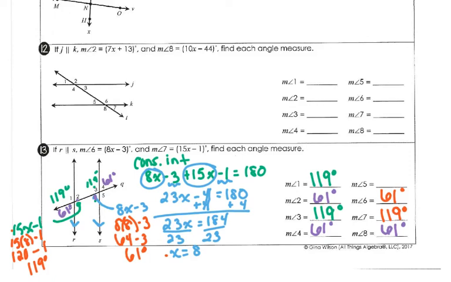And then angle 5 would also be 119 degrees because it's alternate exterior with angle 1. So really with this one, it's just taking everything that we've done up until this point and putting it into one problem. Because you identified what the angle was, you had to solve for a variable, and then you just had to solve for all the missing angle measures.